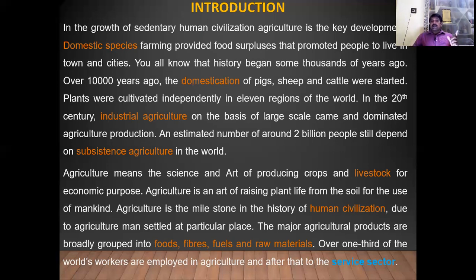Due to agriculture, man settled at particular places. The major agricultural products are broadly grouped into food crops, fiber crops, fuel crops, and other raw material crops. Over one-third of the world's workers are employed in the agriculture sector, followed by the service sector.